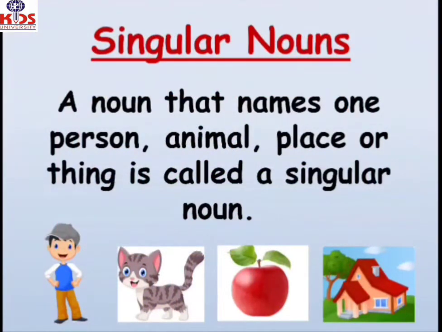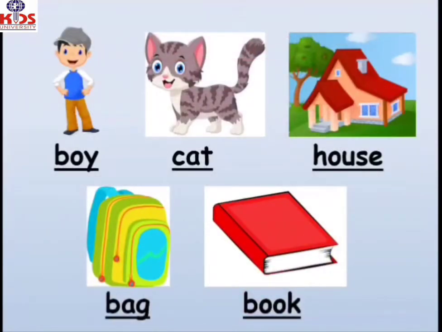A noun that names one person, animal, place, or thing is called a singular noun. Here are some singular nouns: a boy, a cat, a house, a bag, and a book. These all are the singular nouns because they are only one in number.